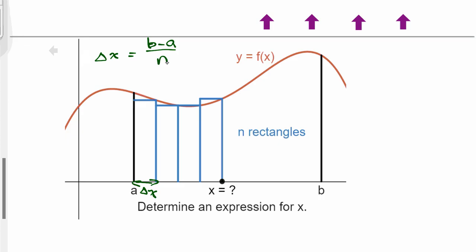So I'm going to have this width happening in this case 4 times. So I'll start with my a value, and then I'll add this width, b minus a over n, 4 times.